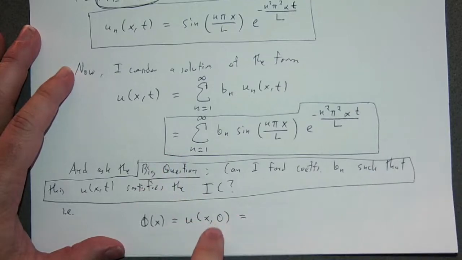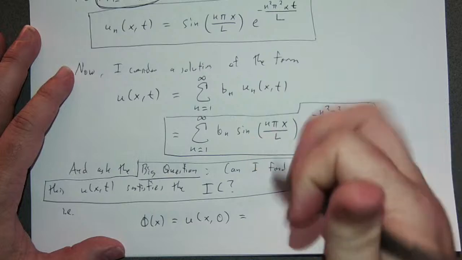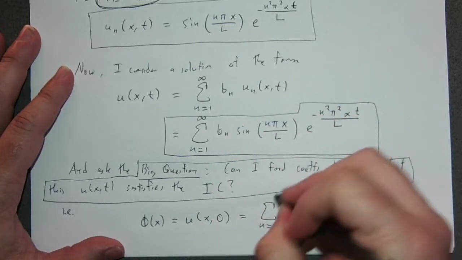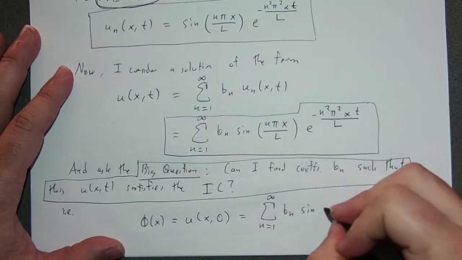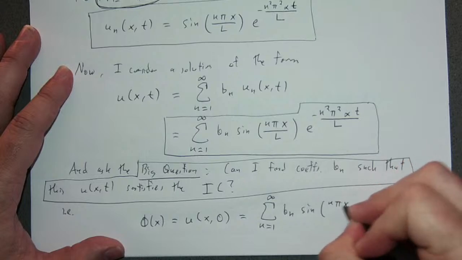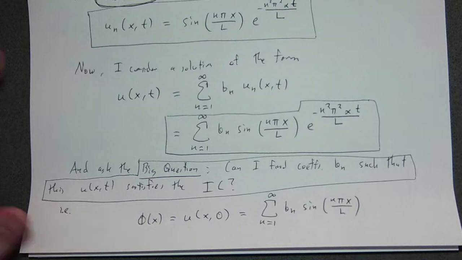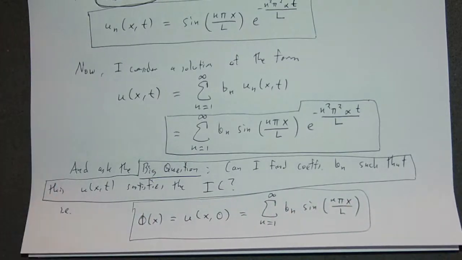Here I'm plugging in 0 for t. When I plug in 0 for t, this is just 1, and so the only thing left in this sum is this. That's familiar, right?